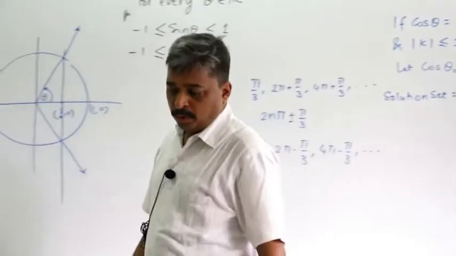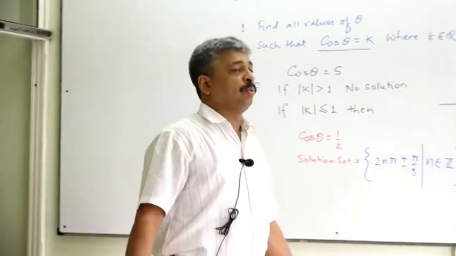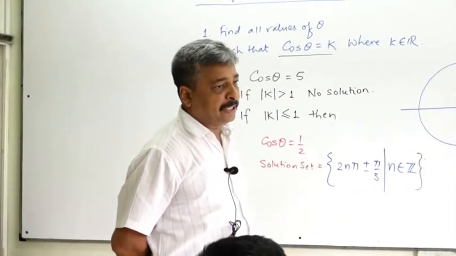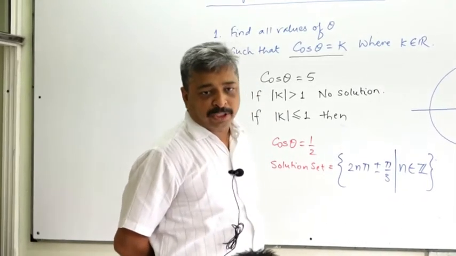Now you try to write down your own solution set, make a diagram, try to guess what the answers will be. Is there any condition on k? And for that we require those graphs that we have drawn yesterday.